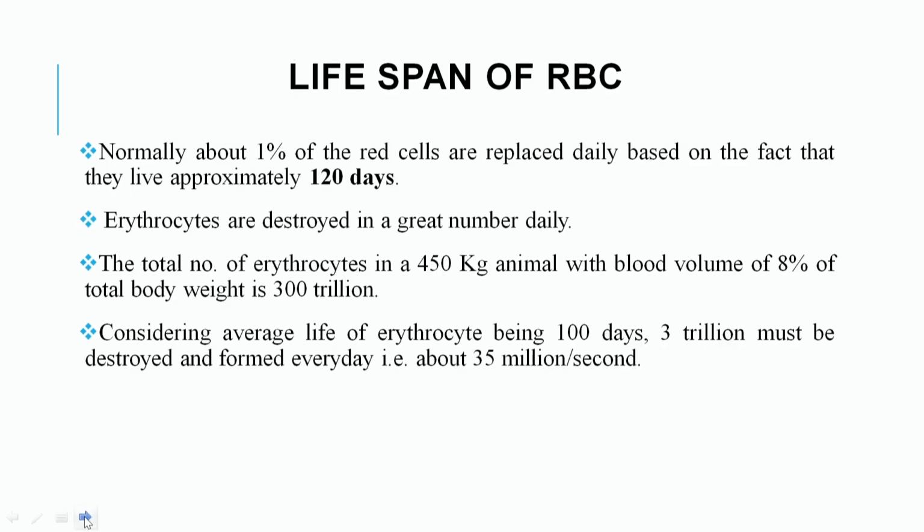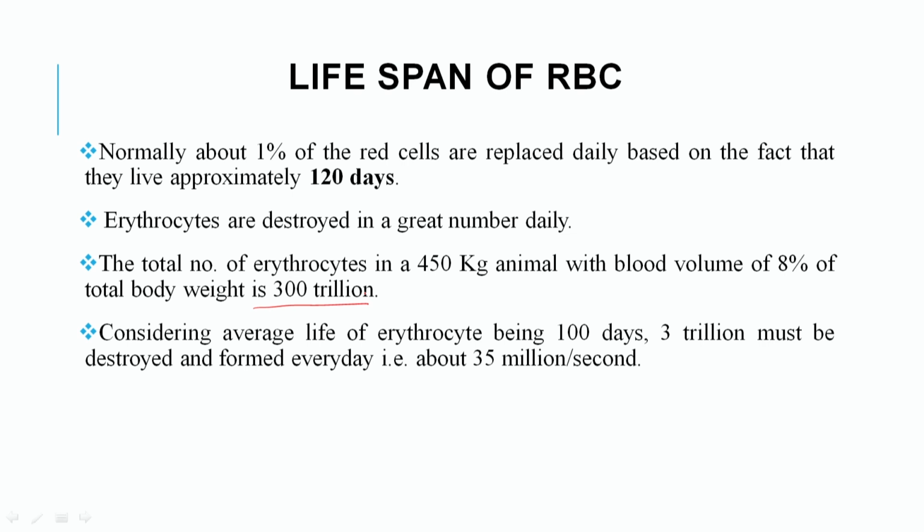Talking about the lifespan of the RBC, it is different in different animals. Normally about 1% of the red blood cells are replaced daily, based on the fact that they live approximately 100 to 120 days. Erythrocytes are destroyed in great numbers daily.